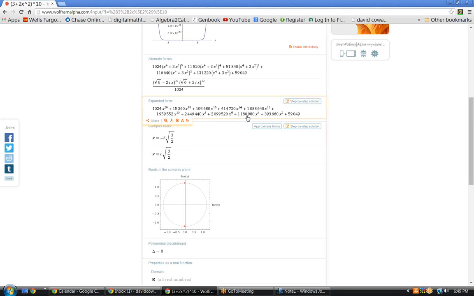So the number you were looking at would be the sixth term, which is this term right here, which is 1,088,640.